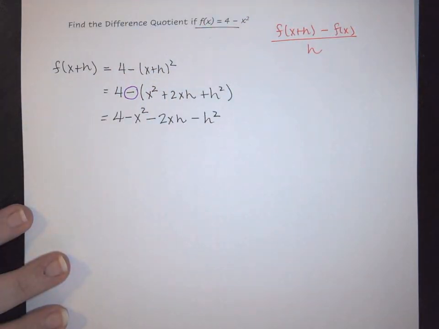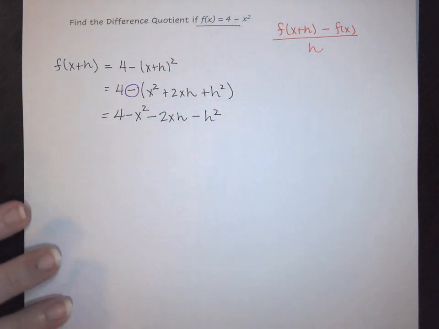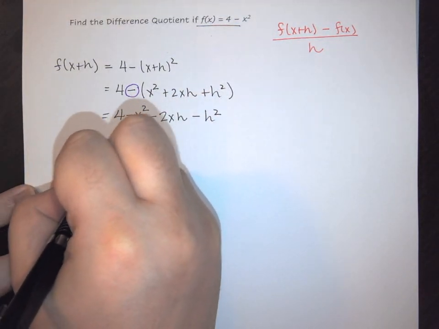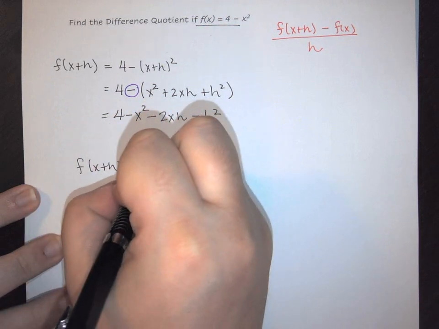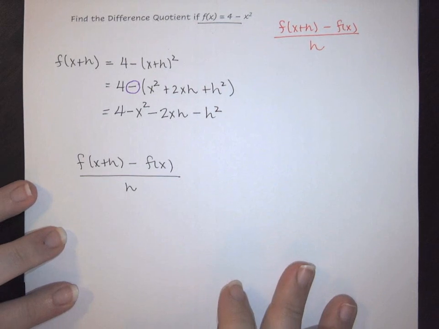Now since there's no other simplification that I can actually do, I'm ready to plug my information into my difference quotient and then reduce from there to see what I actually have. So again, the difference quotient starts out by saying f of x plus h minus the f of x, and the whole thing is divided by h.